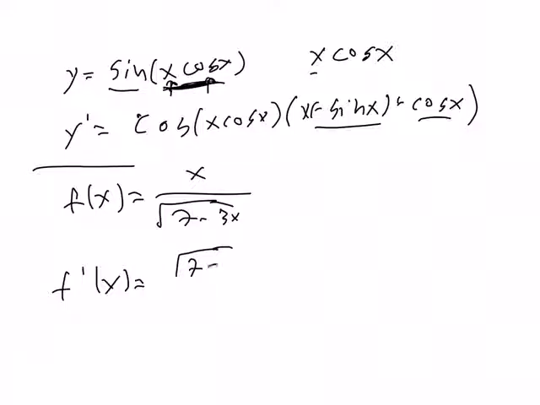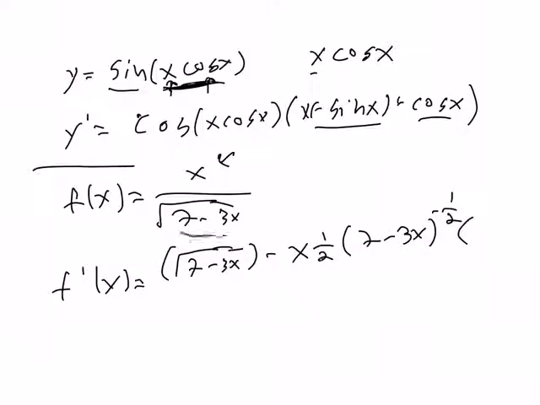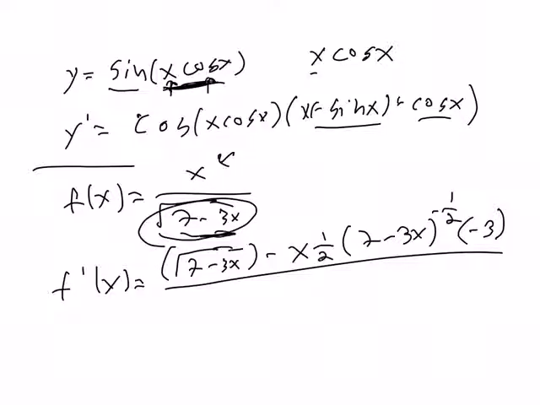We're going to get 7 minus 3x times 1, the derivative of x, minus x times the derivative of the square root of 7 minus 3x, which is going to be a half 7 minus 3x to the negative a half, then times the derivative of the function inside, which is negative 3, all this over the bottom part squared, which is just 7 minus 3x.